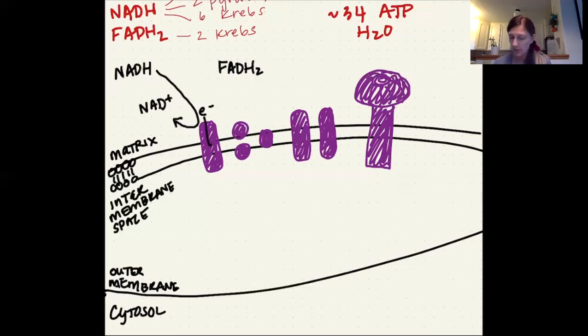Those electrons are going to be moved along the pathway. They're going to go here, jump here, go here, and go here, right? So they're going to move along that pathway, which is called the electron transport chain, because those electrons donated from NADH are going to move along this chain, right?